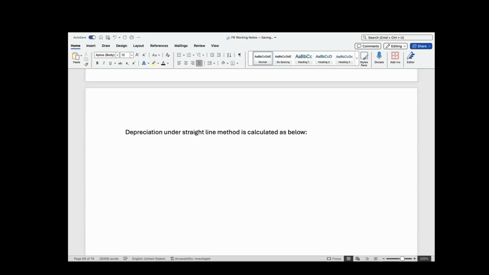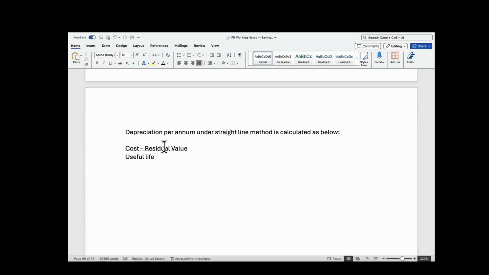It's simply the cost minus residual value, which gives you the depreciable amount of cost, divided by the useful life. If you do this, this will give you depreciation per annum to be equal every year if you use this formula.